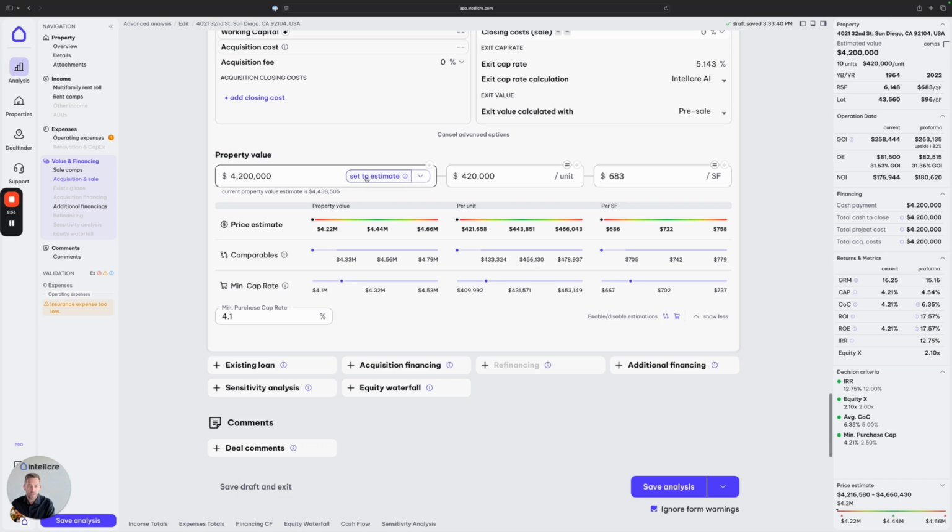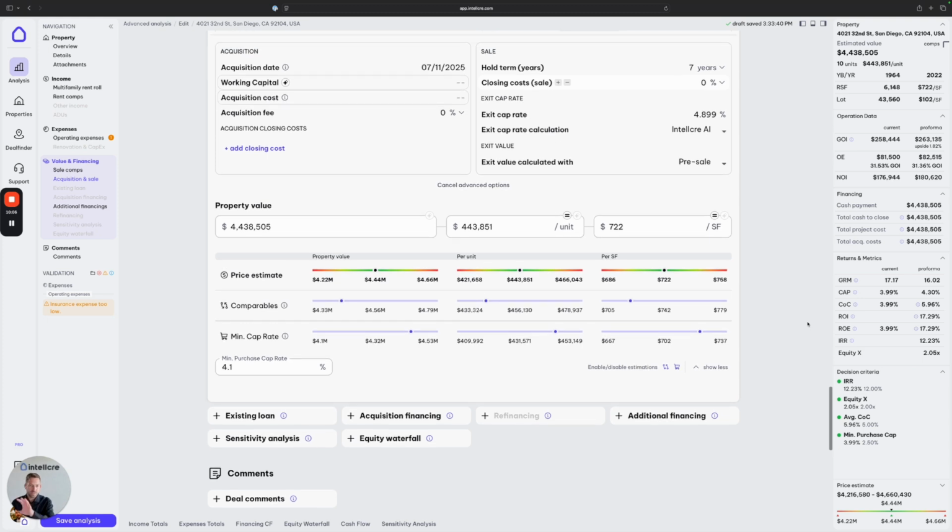But you can also click set to estimate here in order to basically set the property value to be in line with this price estimate here, right? So this very view gives us a lot of insight, because we're seeing what the deal should be worth based on the comparables, what the deal should be worth based on the minimal cap rate or average cap rate in the market.